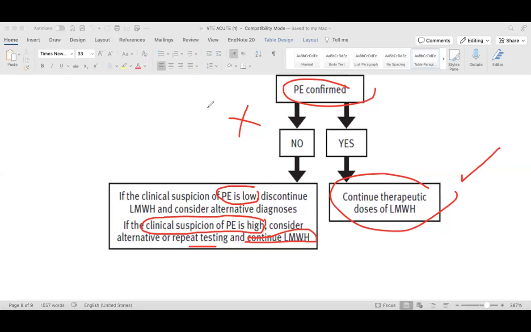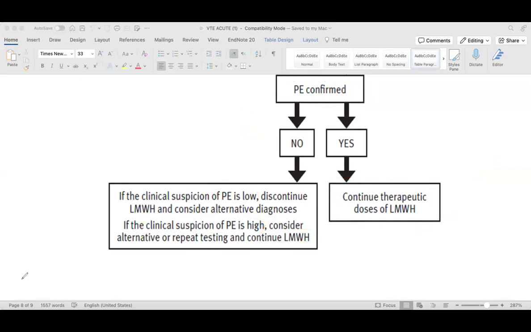So with high clinical suspicion of pulmonary embolism, remember, we continue the low molecular weight heparin while we search for an alternative or consider repeating the scan. This is a very big difference between the two conditions, the DVT and the pulmonary embolism, right?